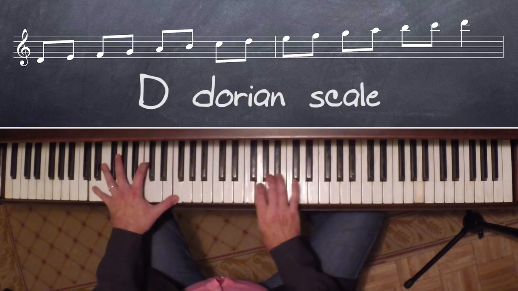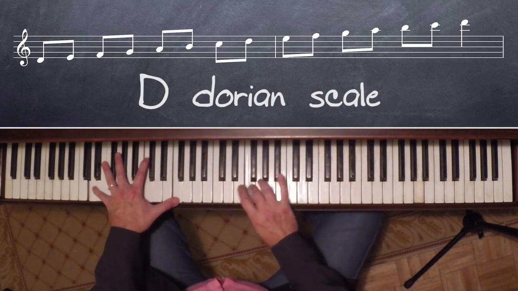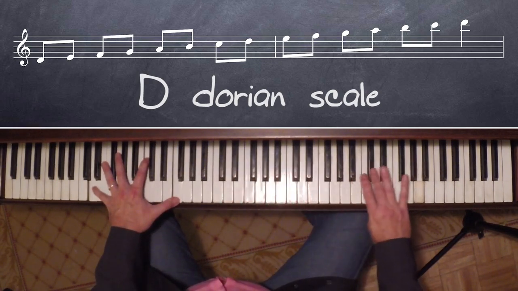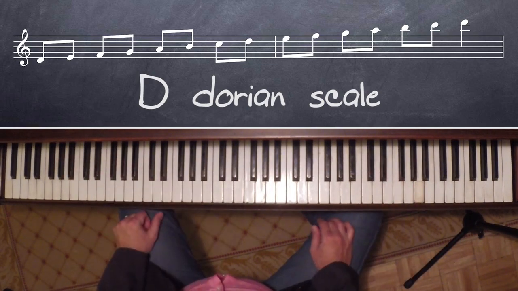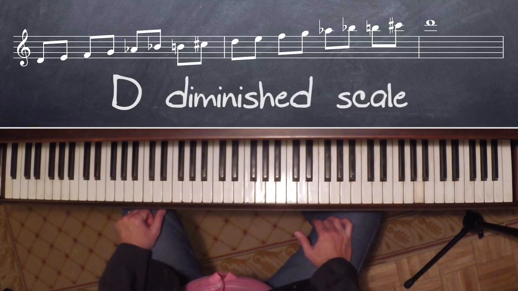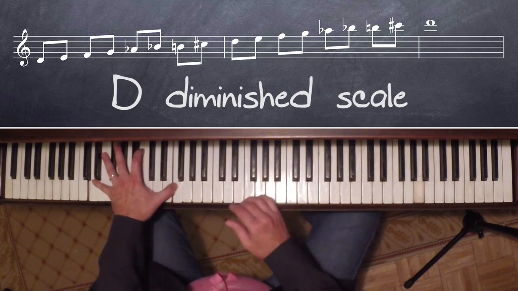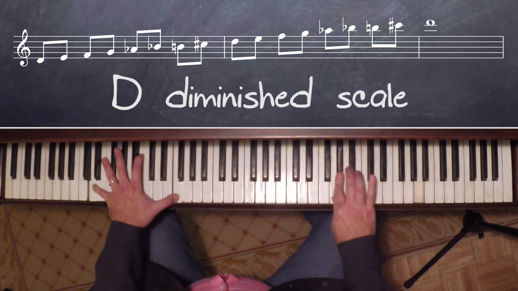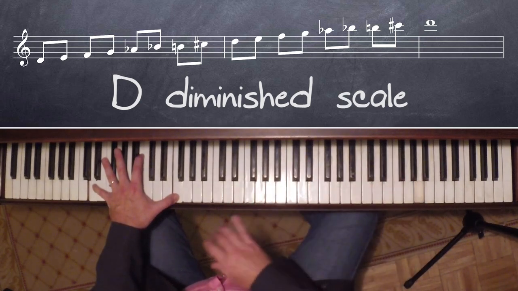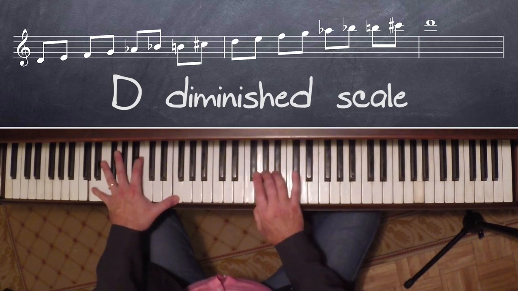So that's the scale. Okay, so that's the Dorian scale. Then you have the diminished scale. So D diminished would sound like this. So it's whole step, half step, whole step, half step. D, E, F.